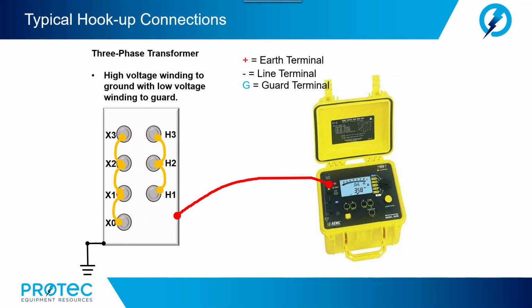We are going to connect the megohmmeter, positive lead, to the chassis ground of the transformer, the negative lead to the H windings because we want to measure voltage from the windings to ground, and we don't want the contribution of the low voltage windings to affect our measurement. So in this configuration, we are now isolating and only looking at the leakage current going from the high windings to ground or to the chassis of the transformer.